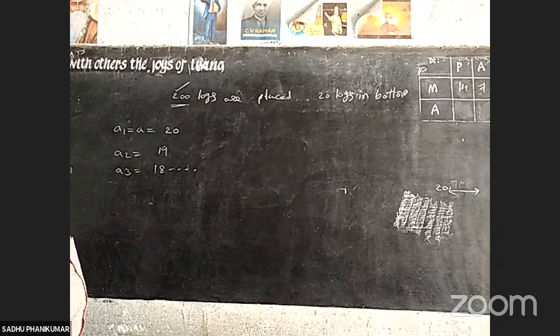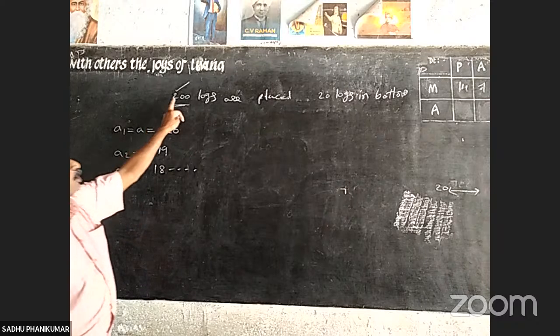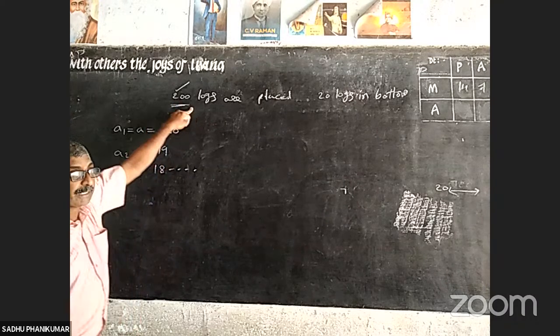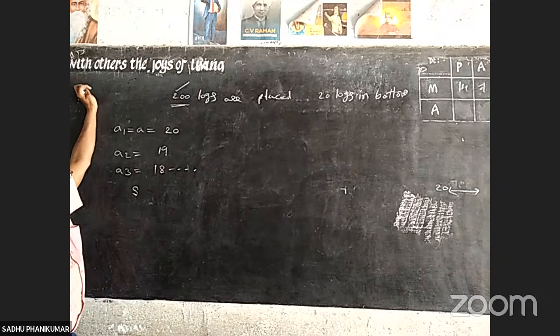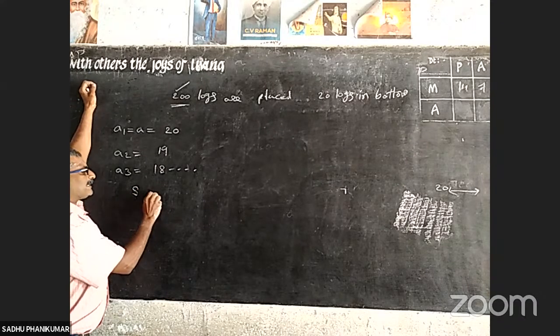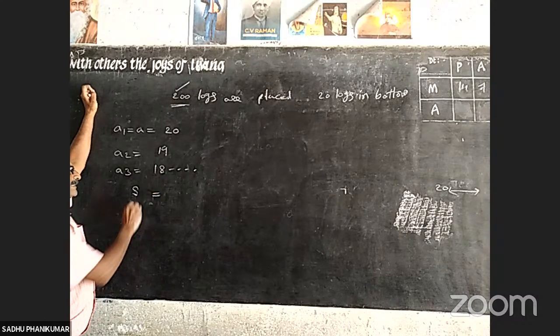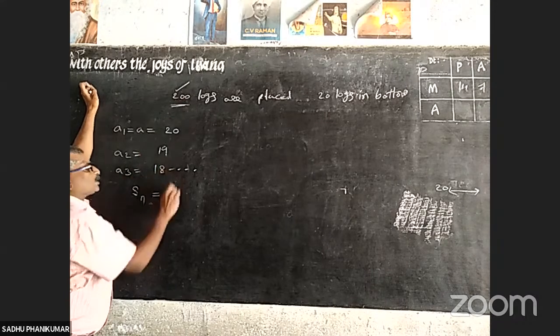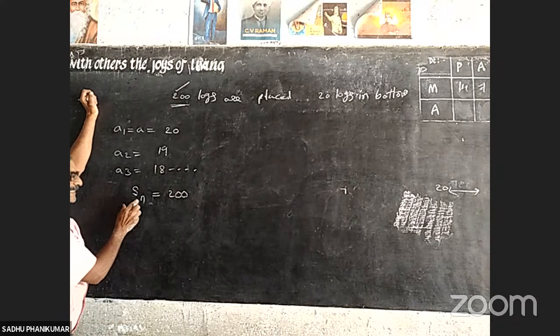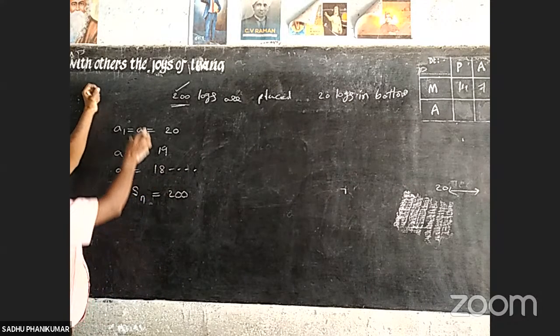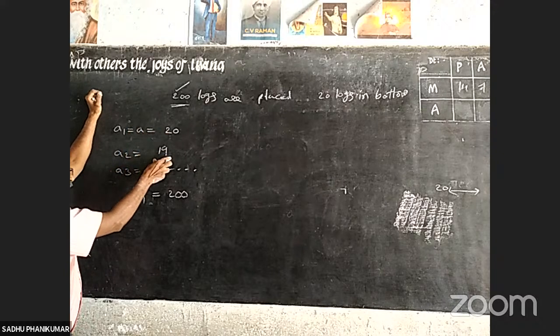How many rows, we don't know. But what we know is there are 200 logs. That means the total sum Sn is equal to 200. We have Sn, we have the first term, we have the common difference.